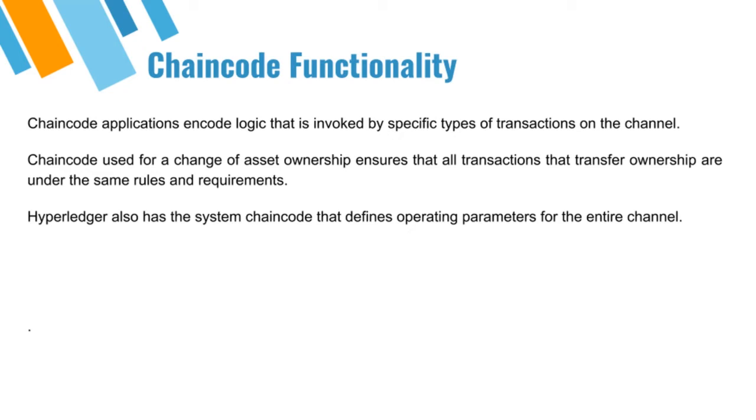Then we have the chain code functionality. As we mentioned already, chain code is like a smart contract inside the Hyperledger Fabric network. Chain code can be deployed at the ledger level, by which we mean that chain code deployment is at the channel level.